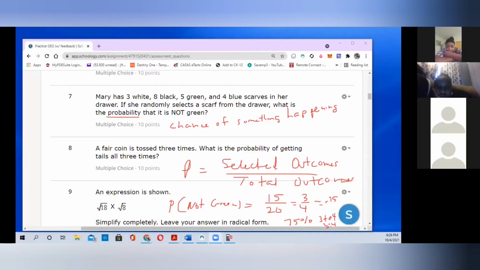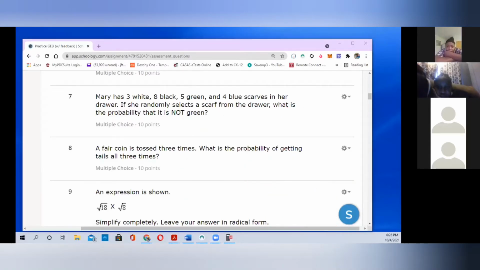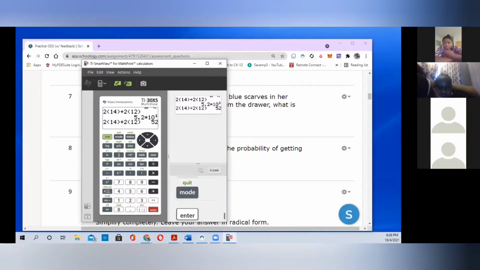On the calculator, it's even easier. Let me clear it, and let me show you on the calculator how we would do this problem. Selected outcomes was 15, so we hit the fraction key because we want a fraction, 15, and the total number of scarves is 20. We hit the double arrow to change it to a decimal, 0.75.